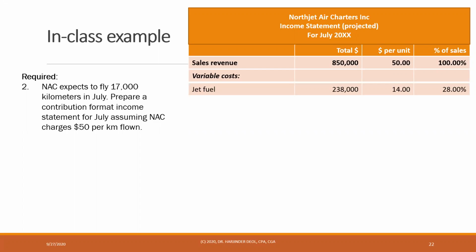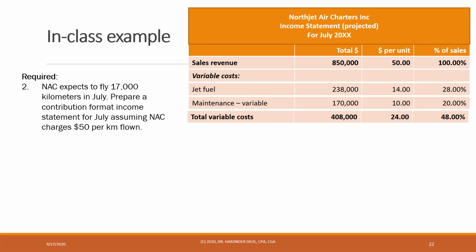Then based on our earlier calculations, we said our maintenance cost has 2 pieces, a fixed and a variable piece. So the variable piece of $10 per unit is brought here. So that $10 per unit divided by $50 gives us 20% that is tied into our maintenance cost variable. That is your percent of sales. And the total maintenance cost will be $170,000, which is 17,000 kilometers multiplied with $10.